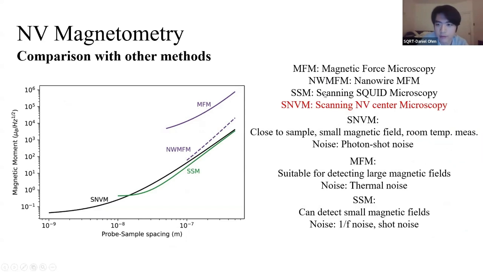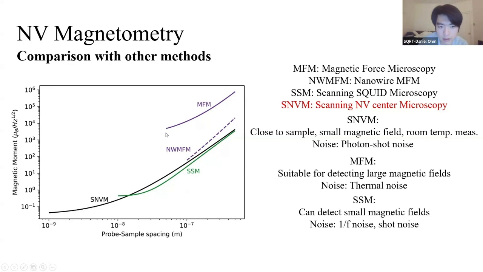This is MFM, magnetic force microscopy, basically a cantilever moving up and down. This is your basic SQUID, and this is your NV center. As you can see, NV centers work from 10 to the -9 all the way up to about 10 to the -3, 10 to the -4.